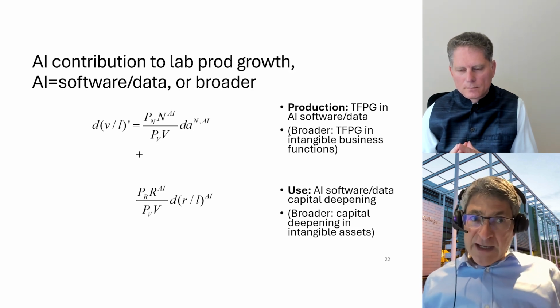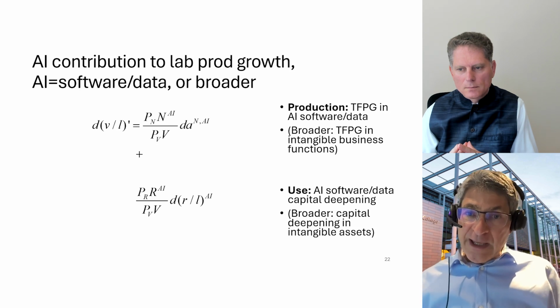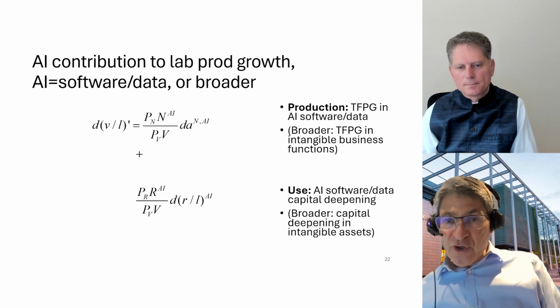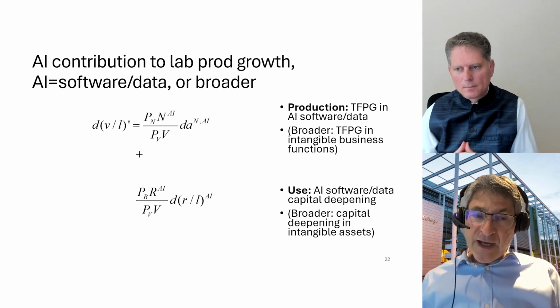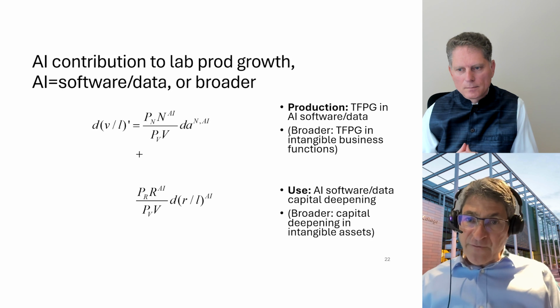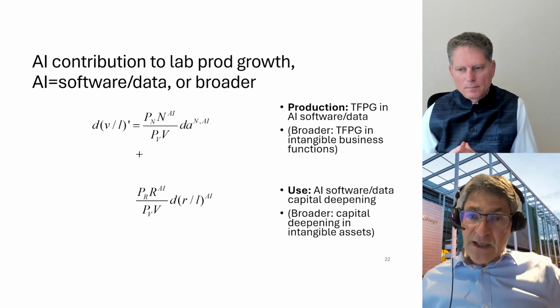So there's nothing wrong with that. I mean, that's fine. But we're also then adding in the possible capital deepening effects as a consequence of those TFP improvements. So again, I think in the end, they sort of come to something fairly similar in terms of the upstream production effect, but we're adding in the use effect as well.